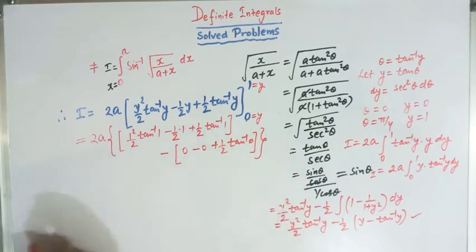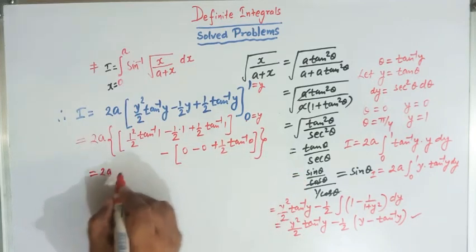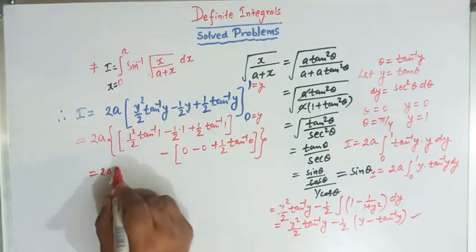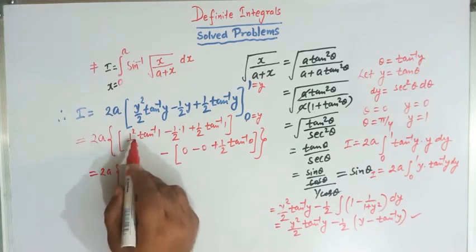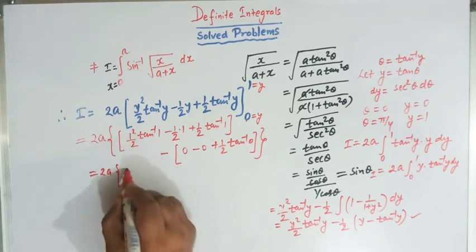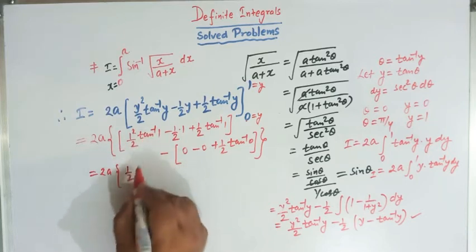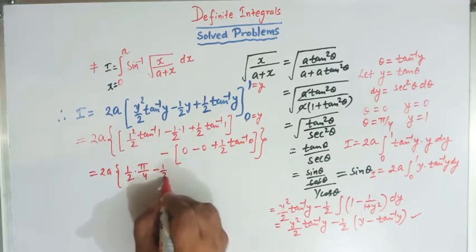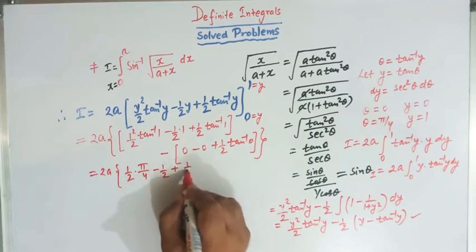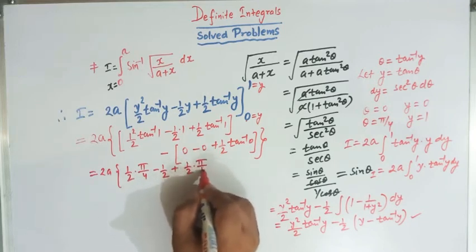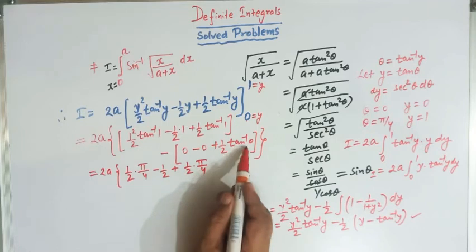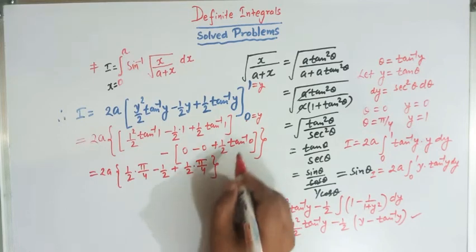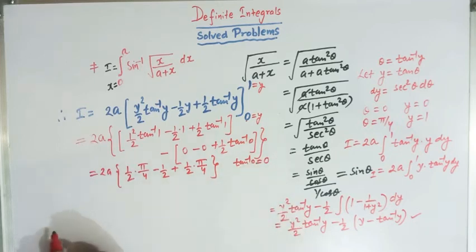Now this is 2a, and here this is ½, and tan⁻¹1 is π/4, then we have minus ½, and this is ½ times π/4, and all these terms become 0 because tan⁻¹0 is also 0.